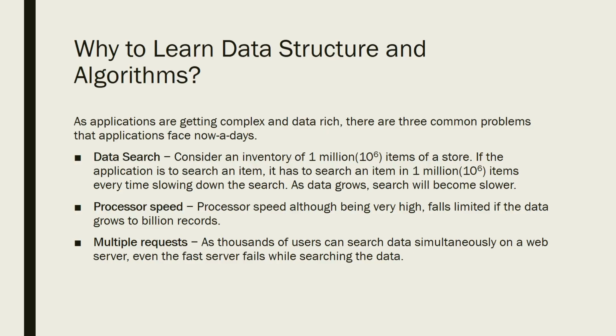As thousands of users can search data simultaneously on a web server, even a fast server fails when searching the data because of multiple requests. So, to solve the above mentioned problems, data structures come to the rescue. Data can be organized in a data structure in such a way that not all items are required to be searched, and the required data can be searched almost instantly.